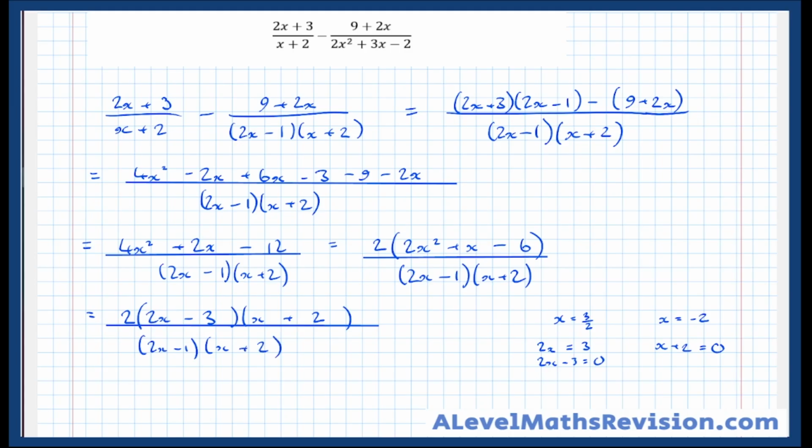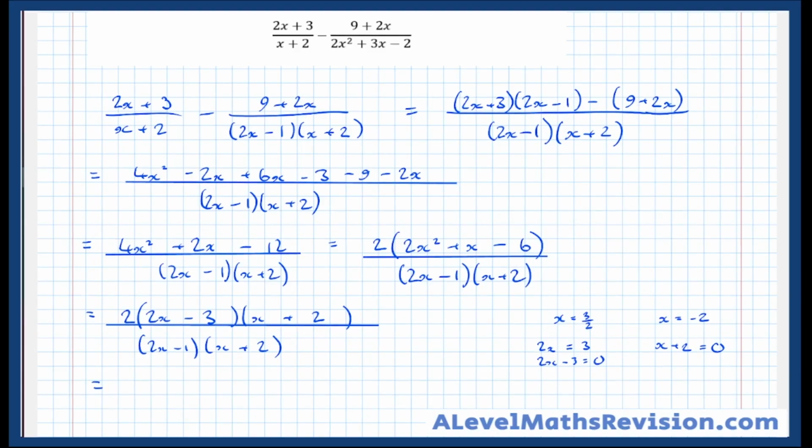And just like we saw before, let's write that as x plus 2 over x plus 2 at the start. That's our hidden factor of 1 that we can cancel out, times 2 lots of 2x minus 3 over 2x minus 1.